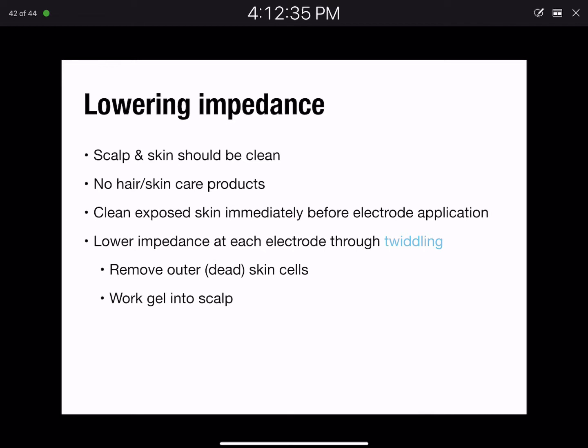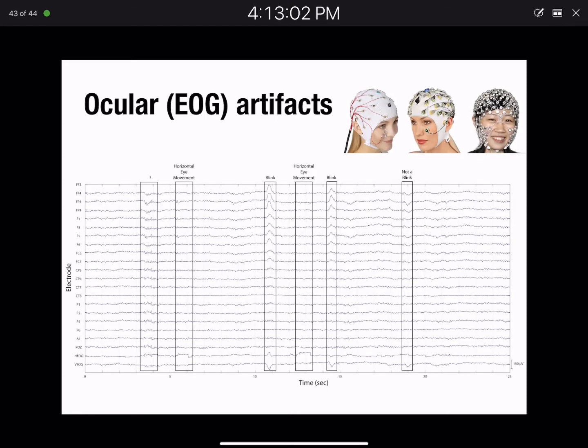Again, exposed skin, you can clean that, and then the mastoids behind the ears, if you're putting electrodes there, that's another good place you can clean, especially if you think about the reference electrode and the importance of having good low impedance at the reference and ground electrodes. If those are going to be on bare skin spots like the mastoids, then it's really ideal to keep those super clean.